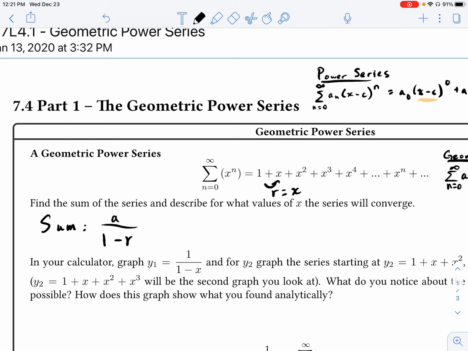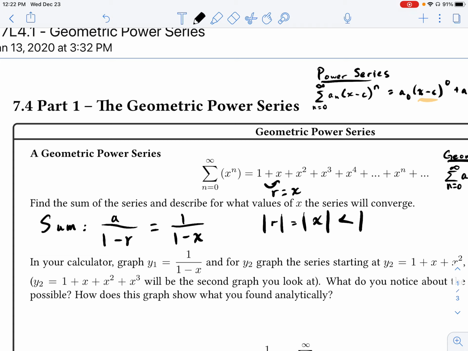So we could say here that our sum, if it exists, our finite value, if we do have a finite sum, it would be, in this case, 1, which is our first term, over 1 minus x. And again, we will only have a finite sum if the absolute value of our common ratio, in this case the absolute value of x, is less than 1.